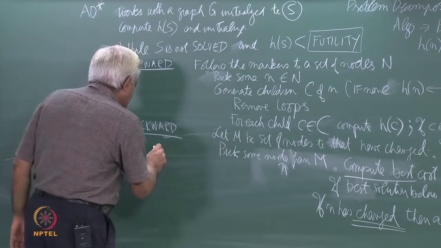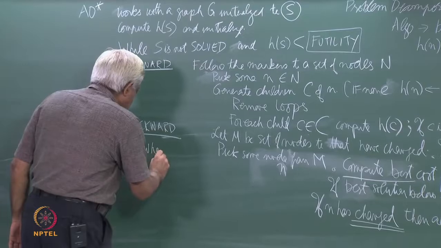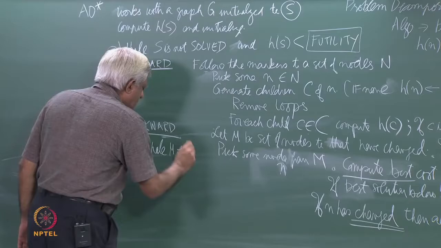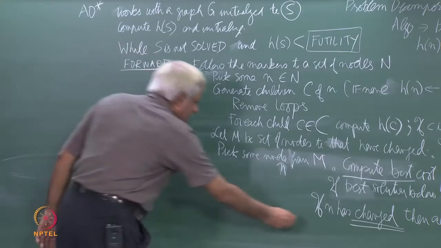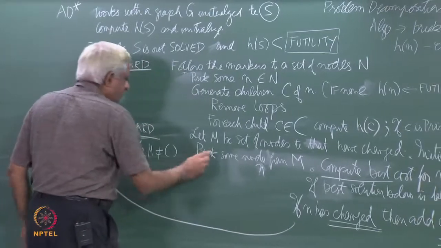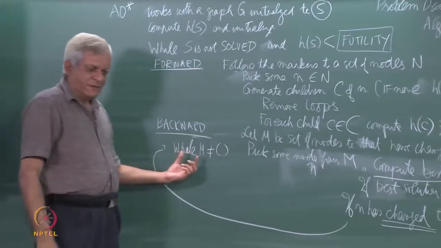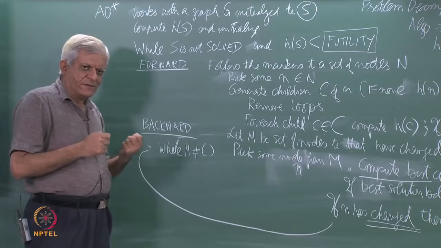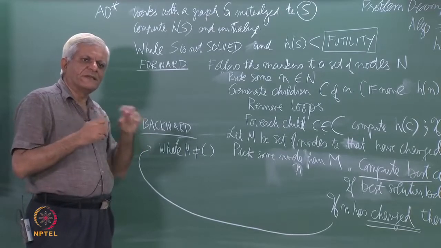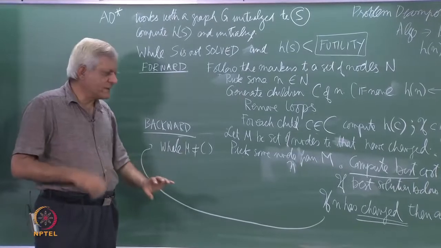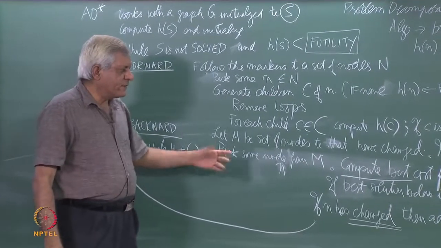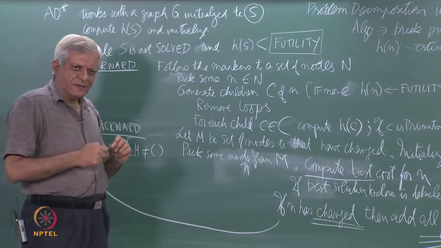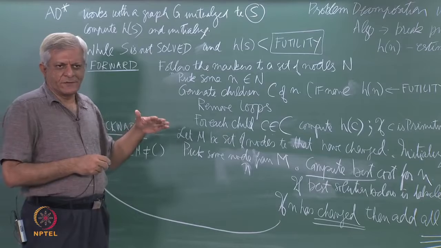So, I must put this in a loop while m is not equal to empty. I have this whole loop: pick some node from m, compute its revised value, which is the best value from all the sub solutions it has. If the best solution below it is labeled solved, label that node solved, and if the node has changed, add its parents to m.